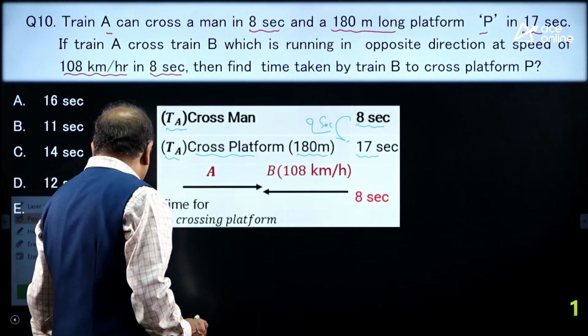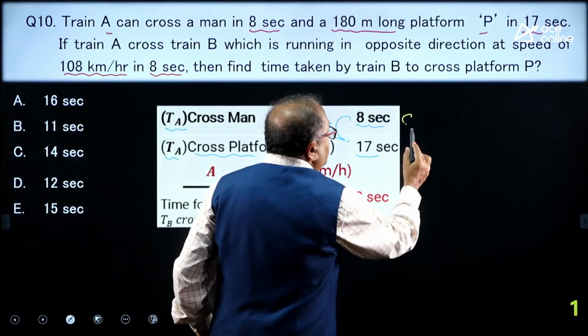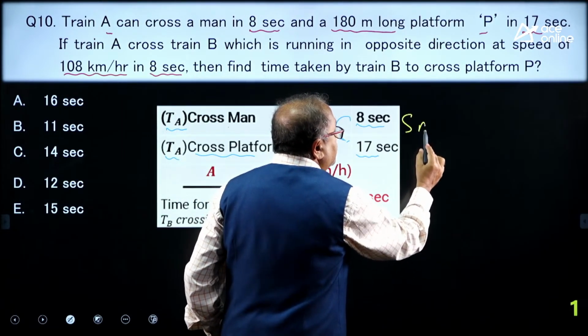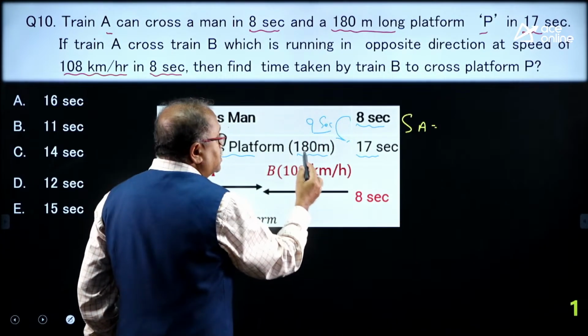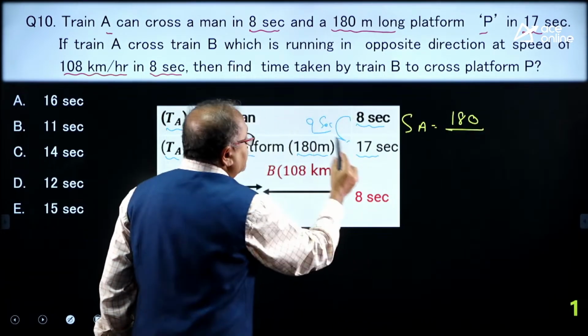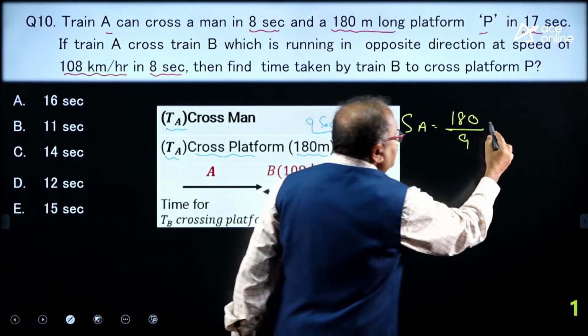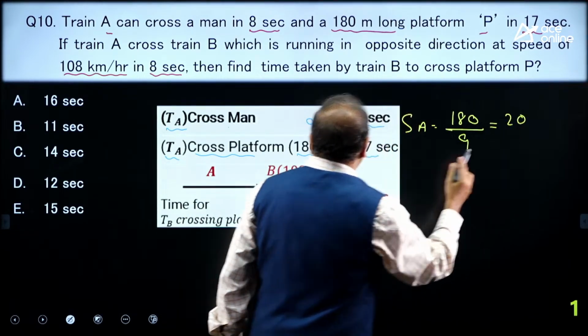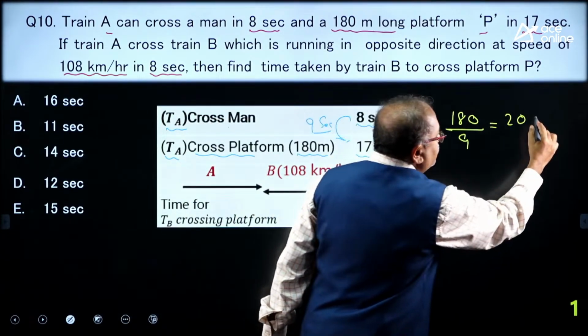Now, I am just writing for your reference, the speed of train A is nothing but extra distance 180 divided by 9 seconds, and I am getting this as 20. So, that is 20 meter per second.